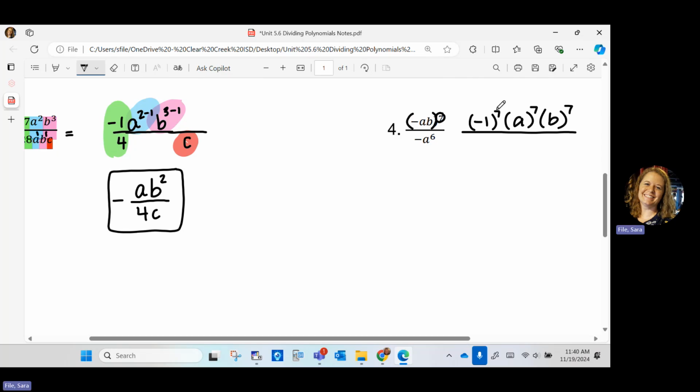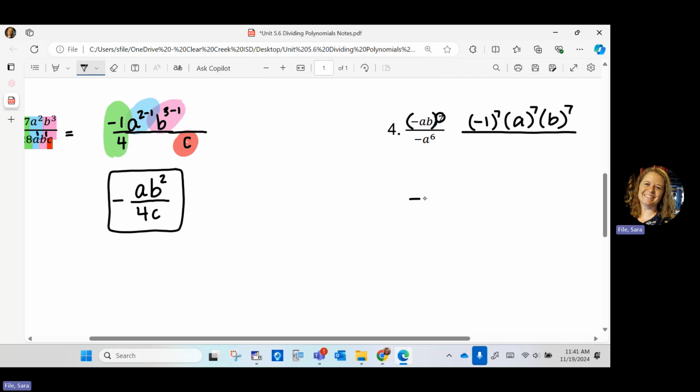Now, if you know the rule, you don't have to multiply out -1 times -1 times -1 7 times. Okay, if it is a negative to an odd power, it's going to stay negative. Okay, but if it was a negative to an even power, it would become positive. But this is going to stay negative.